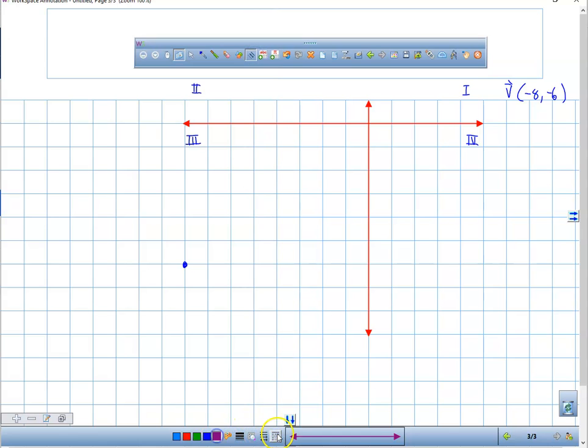Because I'd like you in your drawing here to draw it from the origin right there to right there. So there is a vector right here that went negative 8 in the x component and negative 6 in the y component.